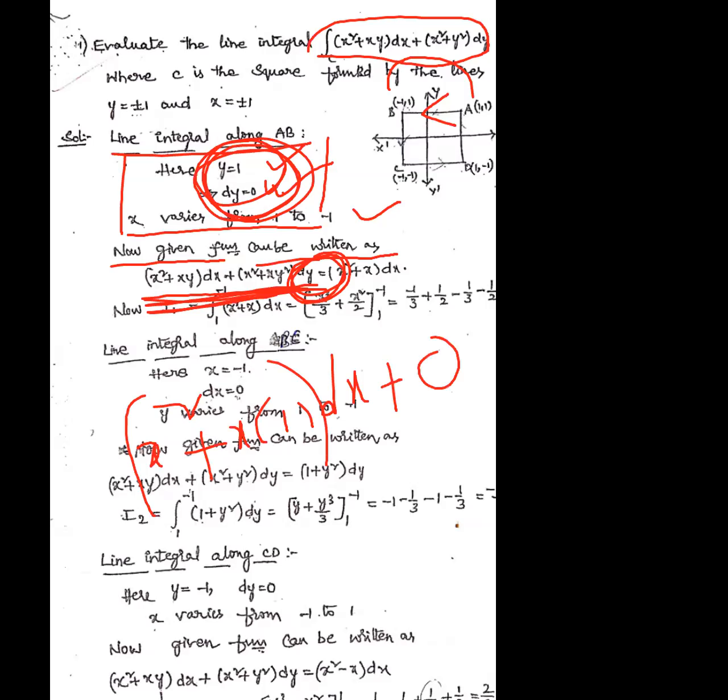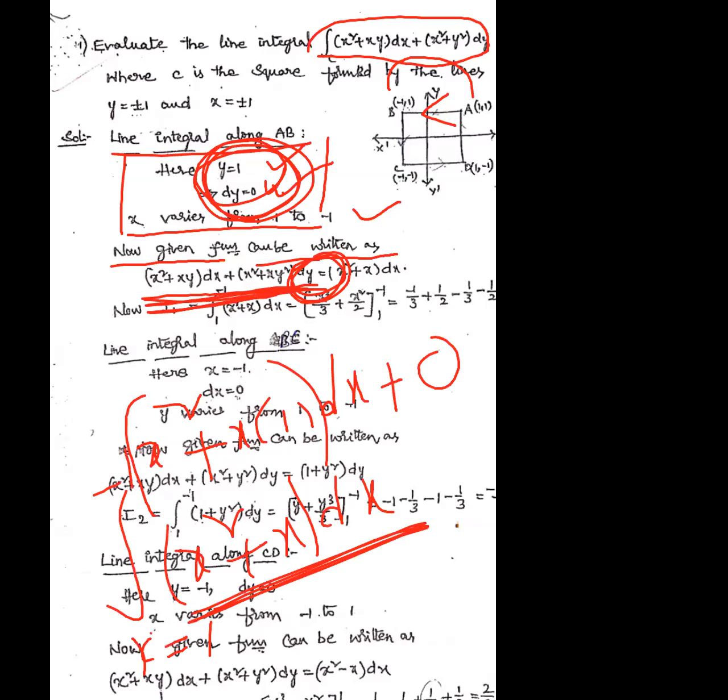So finally (x square plus x) dx. These are all x terms, so it is possible to apply the line integral in the limits x equal to 1 to minus 1.